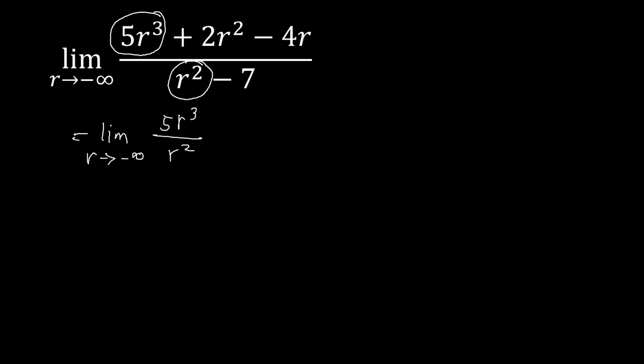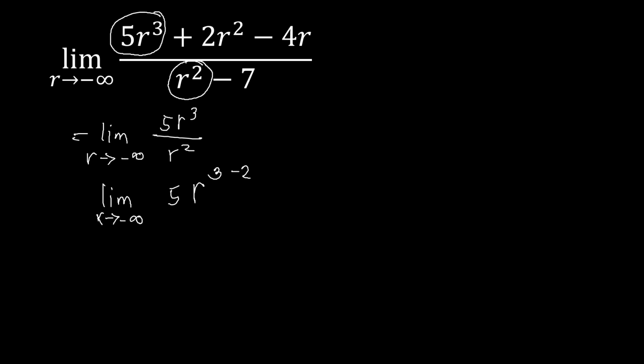Why are we getting this? Because we will be simplifying this one, and if there is still a variable, we'll be replacing the variable with the approach value. So this is now our limit. Simplifying this, we have 5, and then r cubed divided by r squared. We are simply subtracting the exponents because they have the same variable. So 3 minus 2 as your r approaches negative infinity.